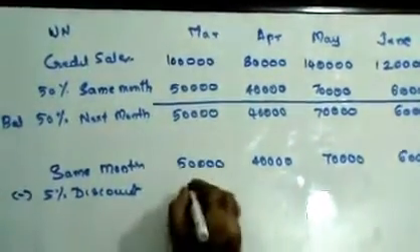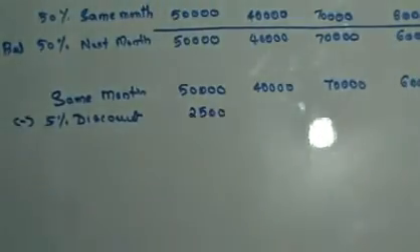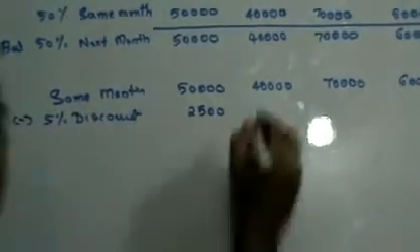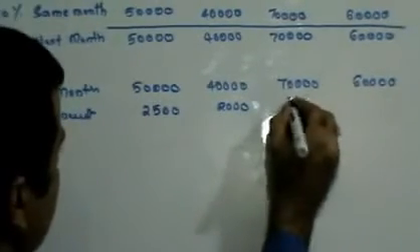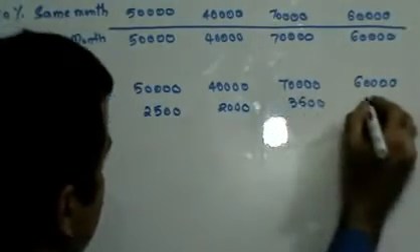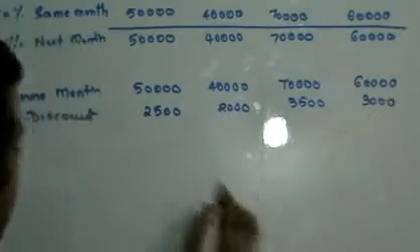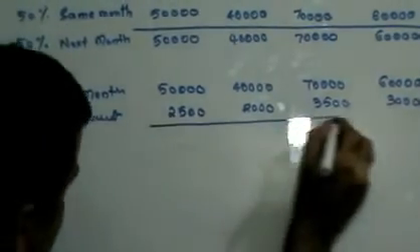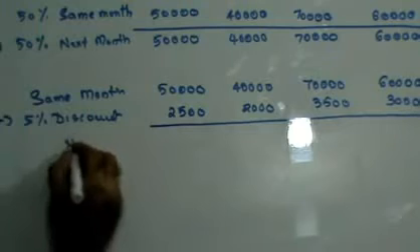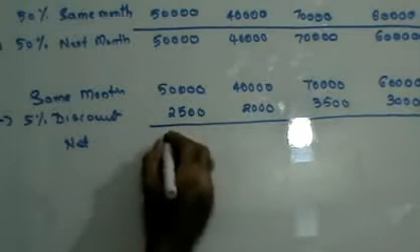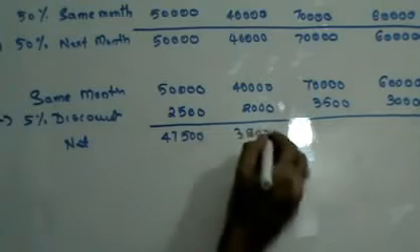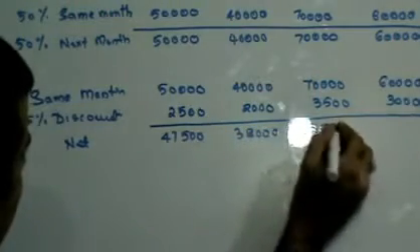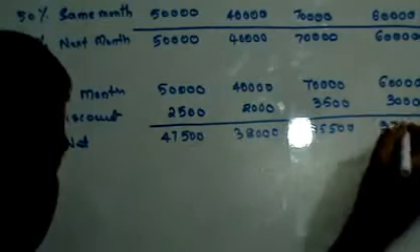Please calculate: 2,500, 2,000, 3,500, 3,000. So the net amount that I will receive is going to be 47,500, 38,000, 36,500 and 57,000.